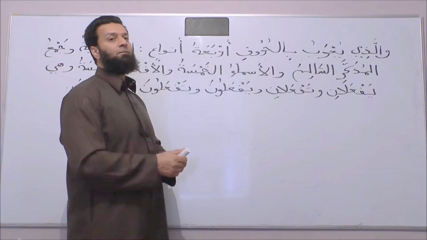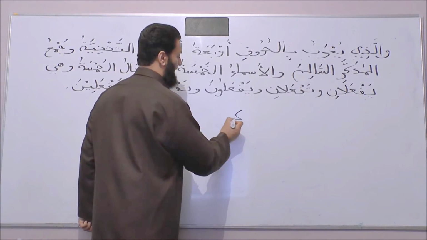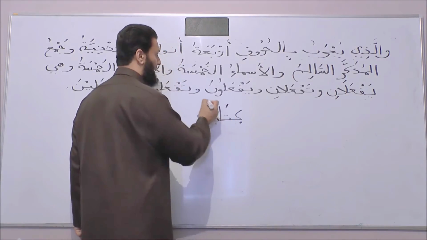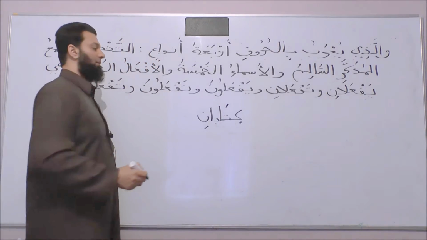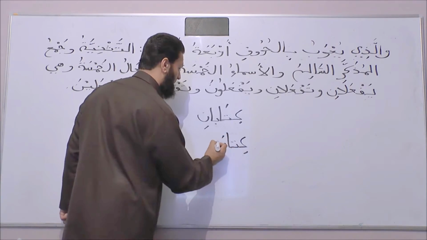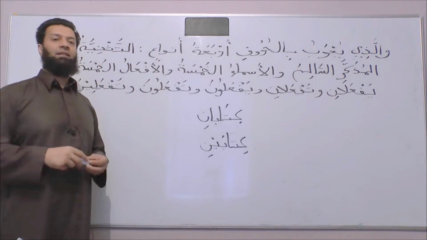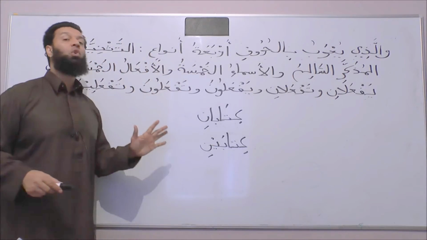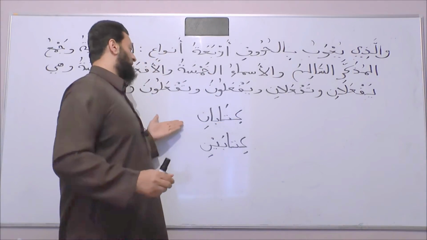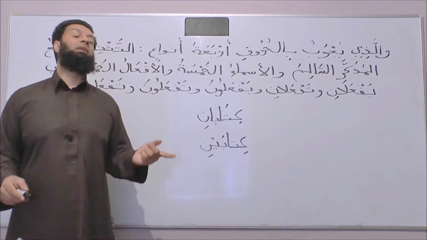Okay, so kitabani, and kitabaini. Hassan. So these are two examples of al-muthanna. The first one is kitabani, the second is kitabaini. Why did you mention kitabani?